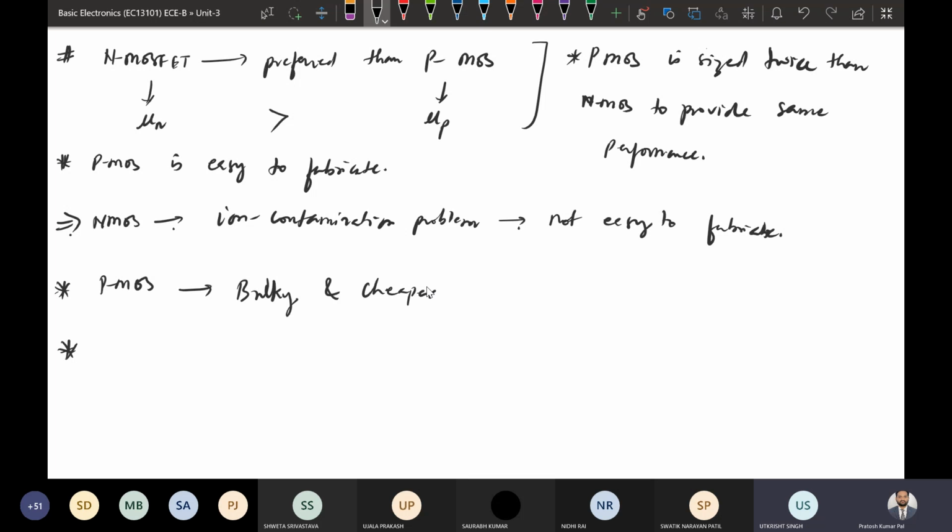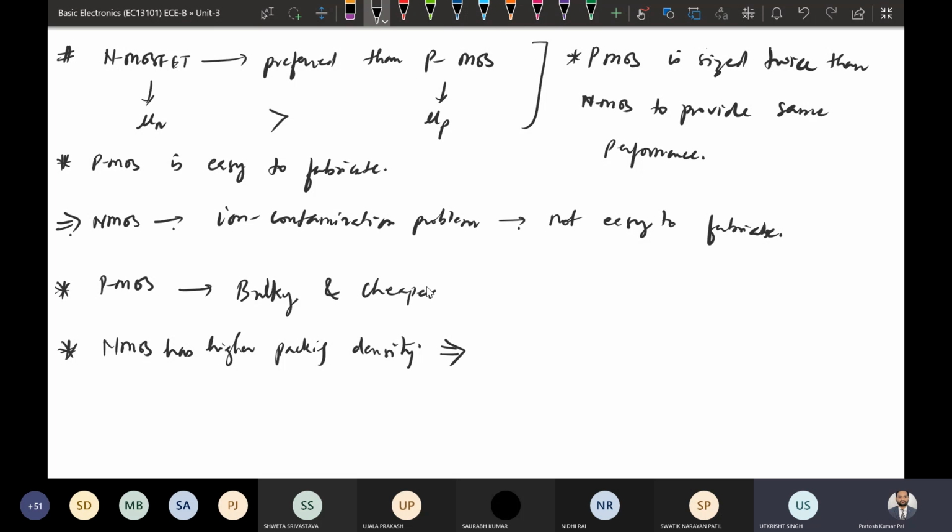We can say the NMOS has higher packing density. You can write: NMOS has higher packing density.